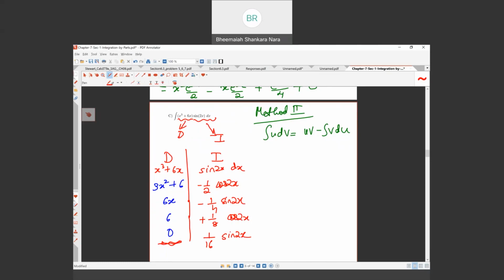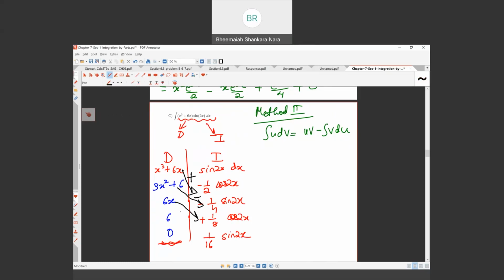Now, the rule of writing the expression says to multiply crosswise like this and choose a plus sign for the first term. Multiply again crosswise, choose a negative sign. Multiply 6x with the 1/8 term and then a plus sign.